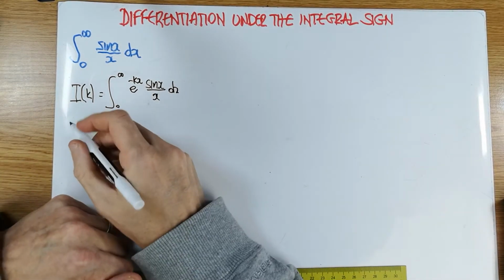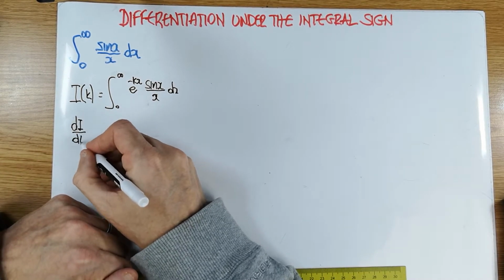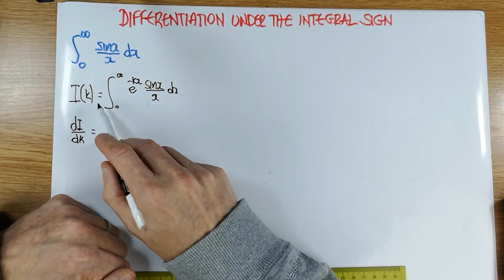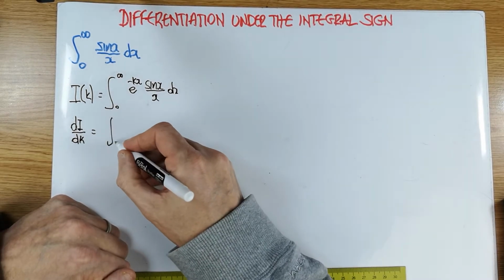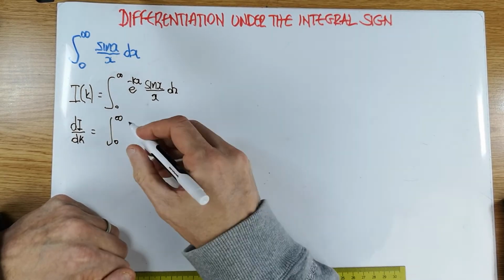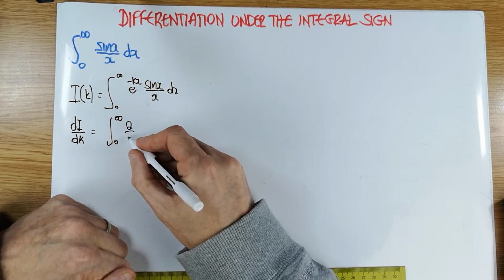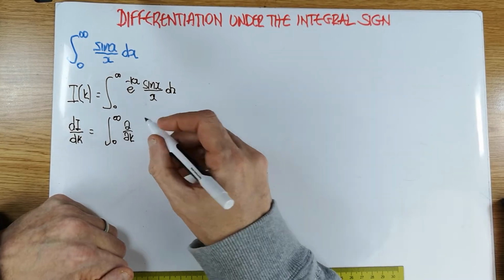As per usual, we're differentiating both sides with respect to k. This time I'm going to interchange differentiation and integration in one. So I'm going to move the differential operator d by dk inside the integral.